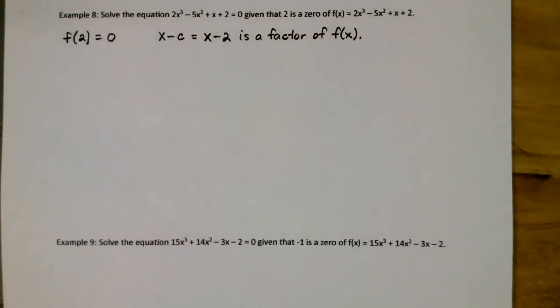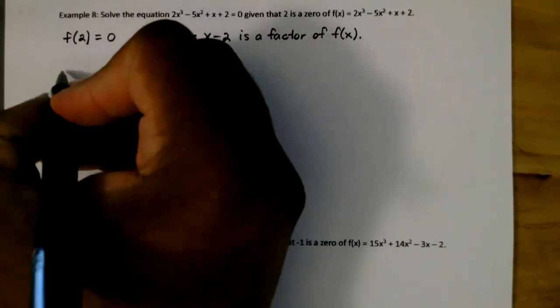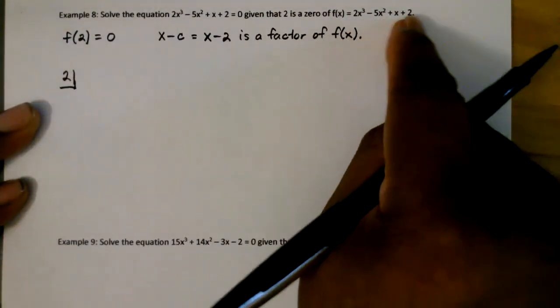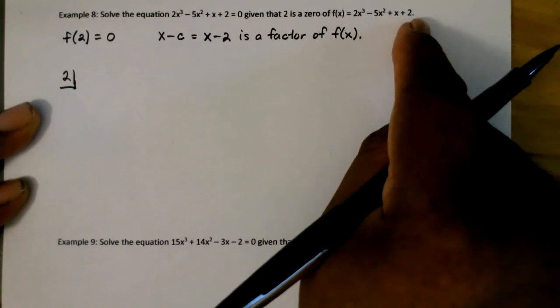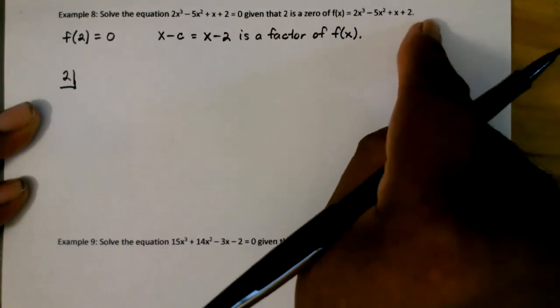Now let's find out what that other factor is going to be by synthetic division. So here, 2 is a 0, which means that 2 will be your divisor. And if you look at f of x, which is 2x cubed minus 5x squared plus x plus 2, there are no missing terms here. I have x cubed, x squared, the x, and the constant.